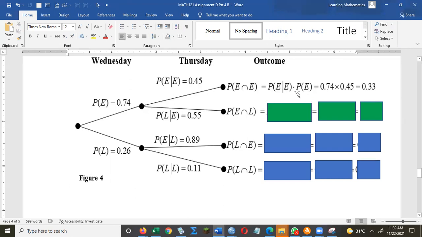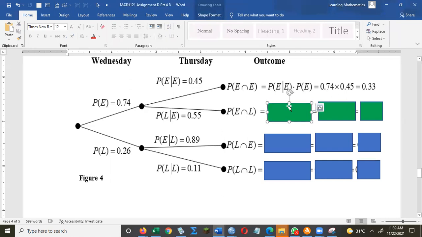But the reason you're multiplying is because you're using formula number 5 for intersection. You're not multiplying just because of independence. It's because of this formula for conditional events, events that happen in sequence. So please bear that in mind.